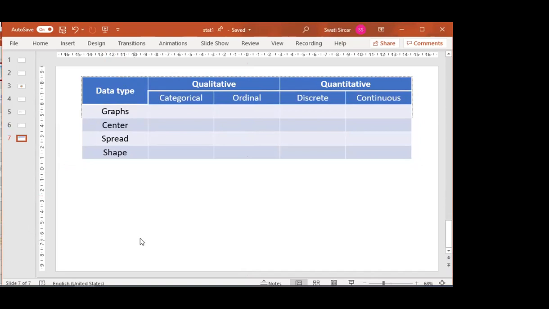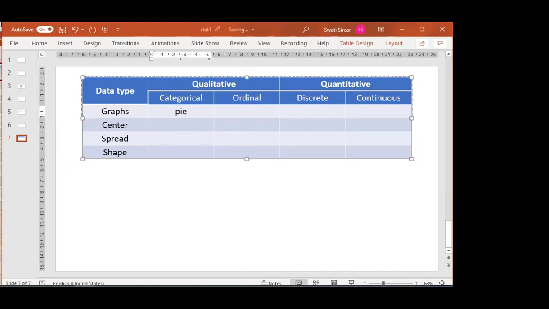Okay, so now we can definitely make pie charts for this one and this one. And you probably already know that we also make bar charts for these two. Now, do we make bar charts for quantitative data?